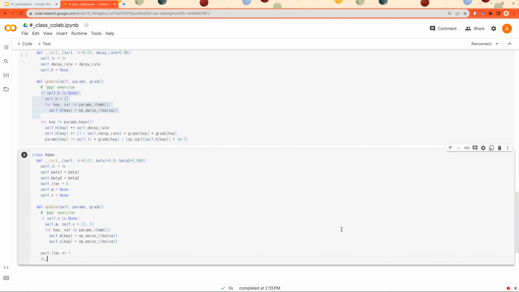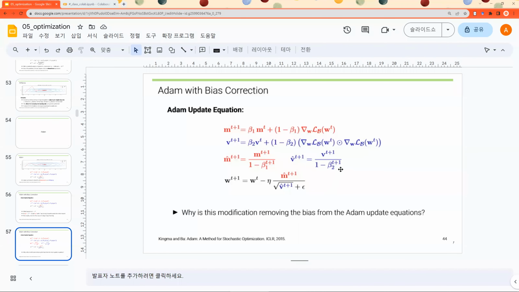And we are going to update the learning rate first by multiplying the square root of 1 minus beta 2 raised to the power of iteration, divided by 1 minus beta 1 raised to the power of iteration. So in this case, we are multiplying these factors to the learning rate.